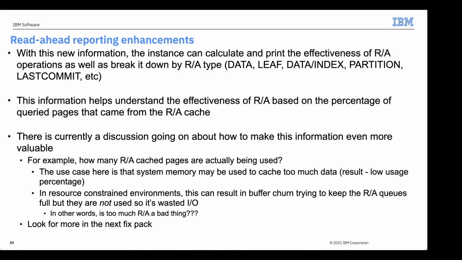For example, if you have a system that has a small amount of memory in it, while it makes sense to enable read ahead so that the instance pre-queries the data that we think you're going to use, we could be thrashing these read ahead buffers, trying to guess where you're going to go and trying to put data into read ahead that you don't actually use. So in other words, we may be overcommitting or overpopulating read ahead when it's not necessary.